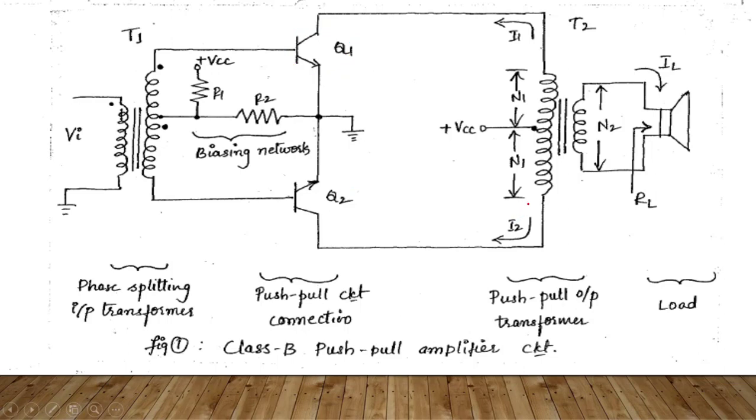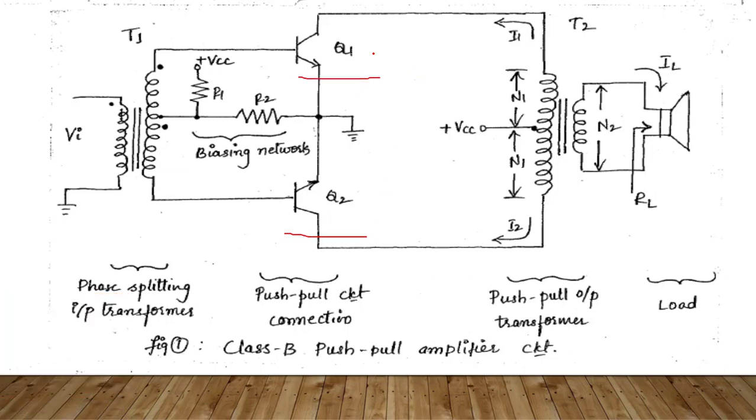Okay, we are in class B amplifier. How does it work? In class B, we cannot take one transistor, we have to take two transistors. Why? Because class B is such that it only represents 180 degrees. I want to get 360 degrees, so I have to take two transistors. And why am I not taking both transistors the same?